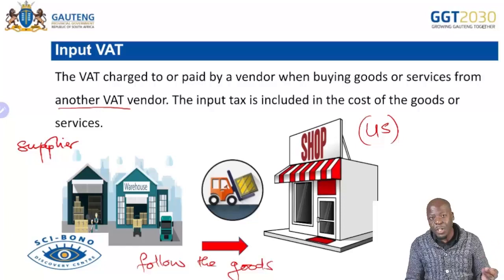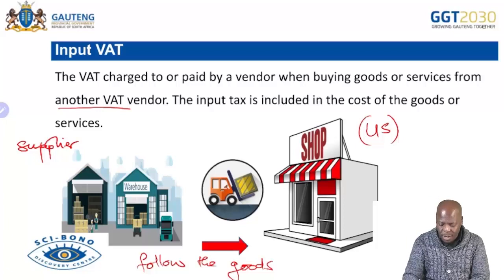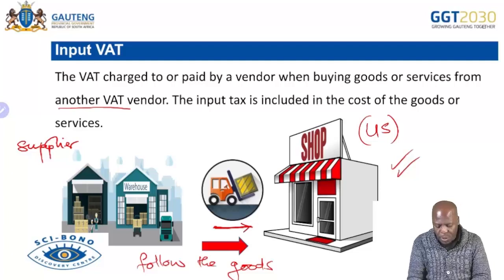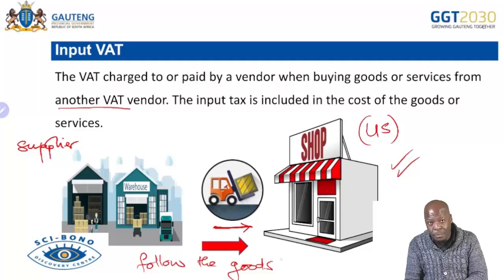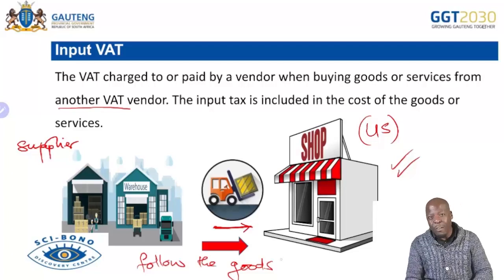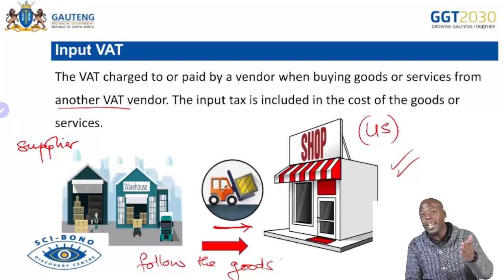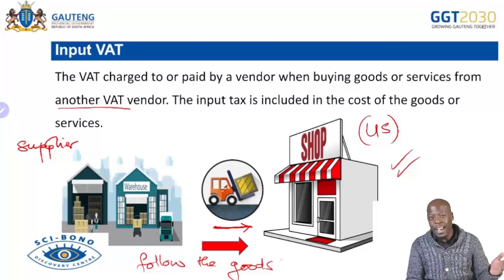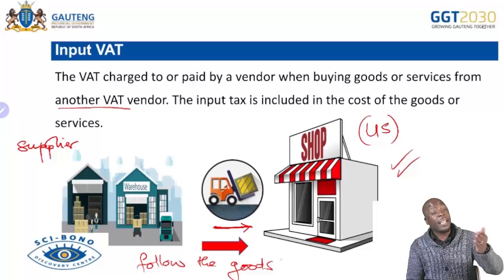When we are buying, which direction are the goods going? Because this is us here. So you can see here, the goods are being delivered and the goods are going in. So input VAT arises when goods and services are coming in to the business.